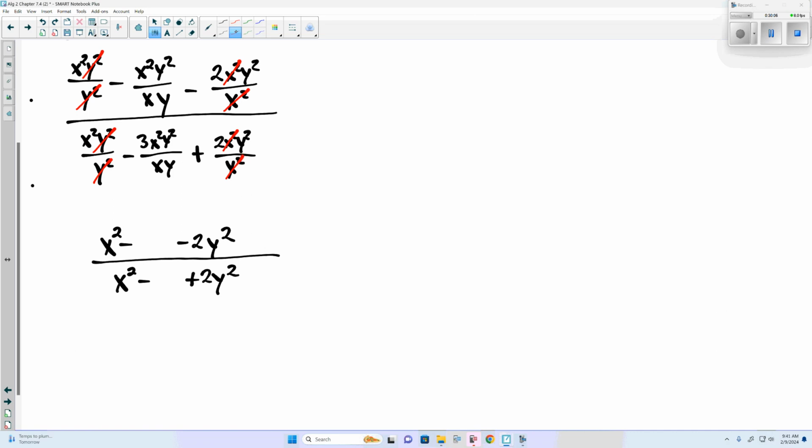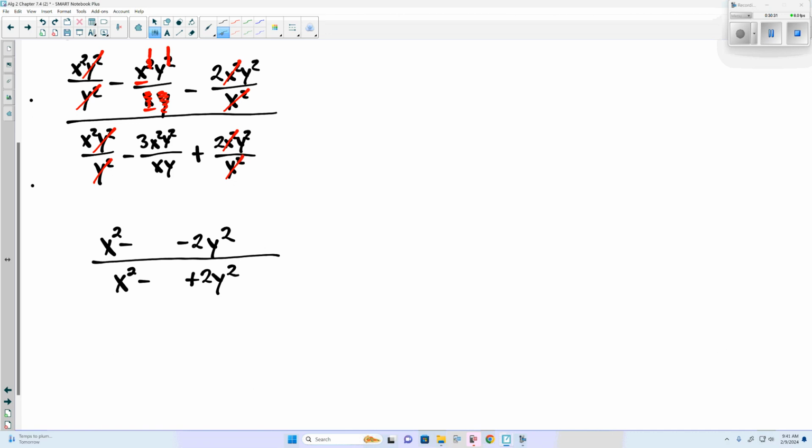Now, with the middle term, we have x squared over x. One of these x's will cancel with one of these, yes? And this one y will cancel with one of these y's, also giving us. So here we have two x's on top, one on bottom. 2 minus 1 is 1.